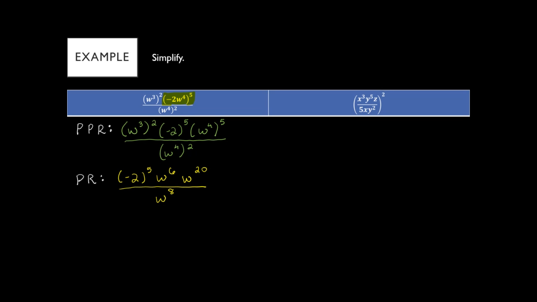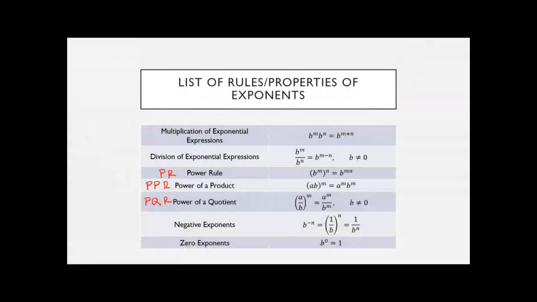Now I have multiplication on the top here of things with exponents. So we're using the multiplication of exponential expressions. So let's say multiplication rule, and then we can call it the division rule here.